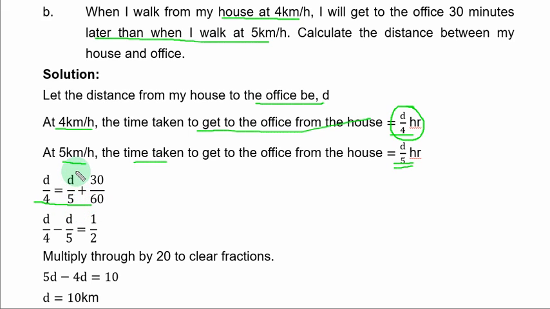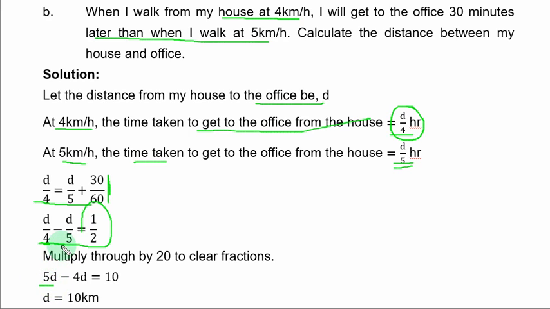So collect like terms, you transfer this term to the left hand side, and you have d over 4 minus d over 5 equal to 1 over 2 if you reduce this term. Multiply through by the LCM of 20 to clear fractions. You multiply this term by 20, you have 5d.